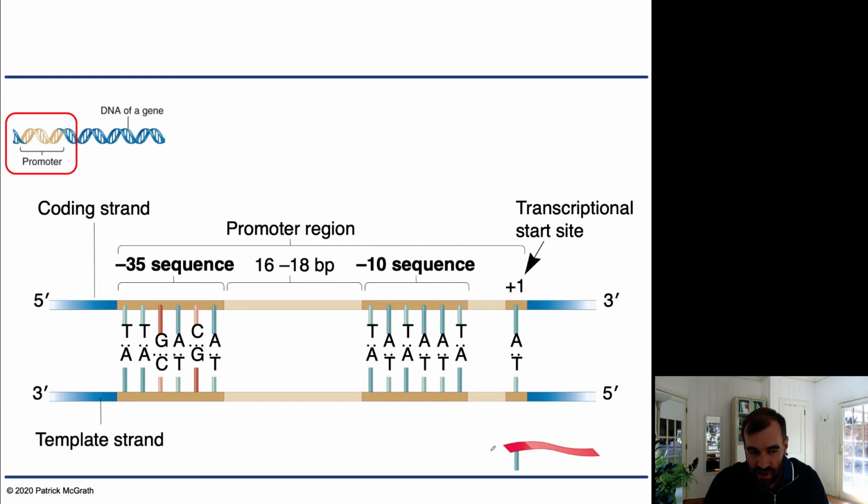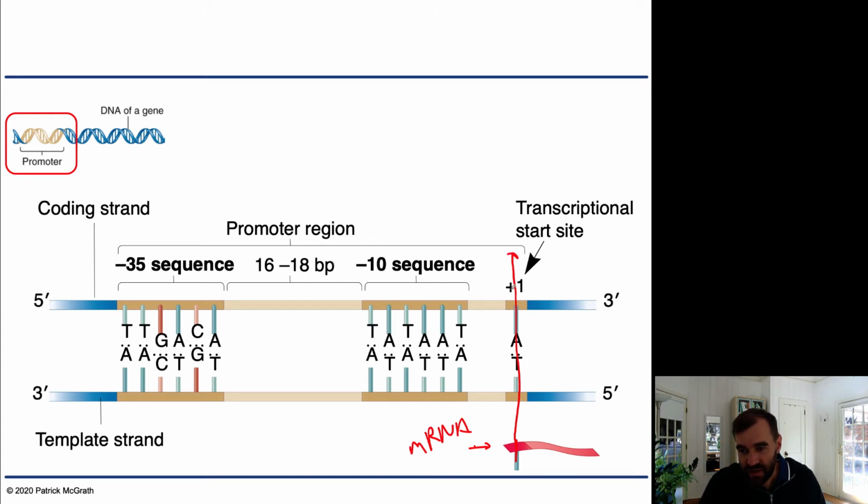And so here I'm showing you the mRNA. So this right here is the mRNA that is produced. And this is the first nucleotide, ribonucleotide, right here. And so we name this site the +1 site.